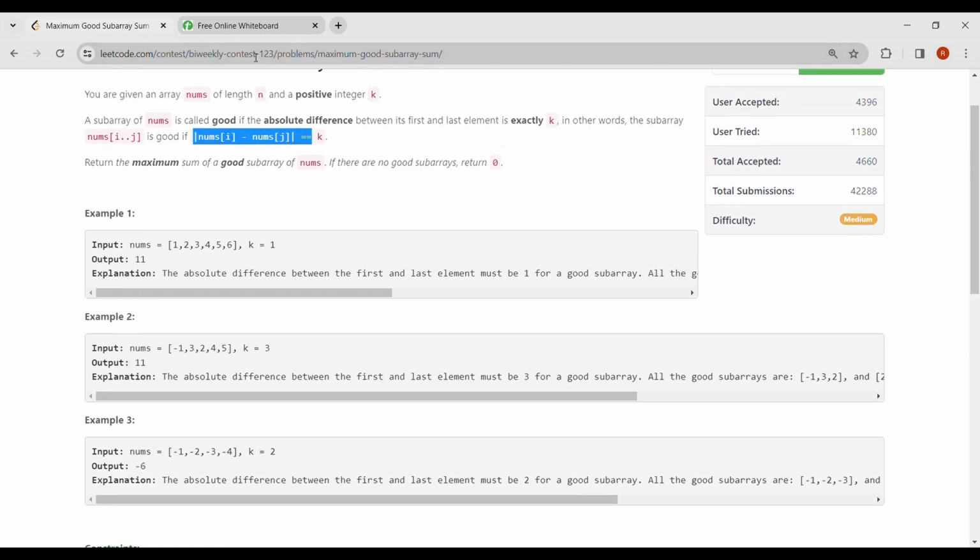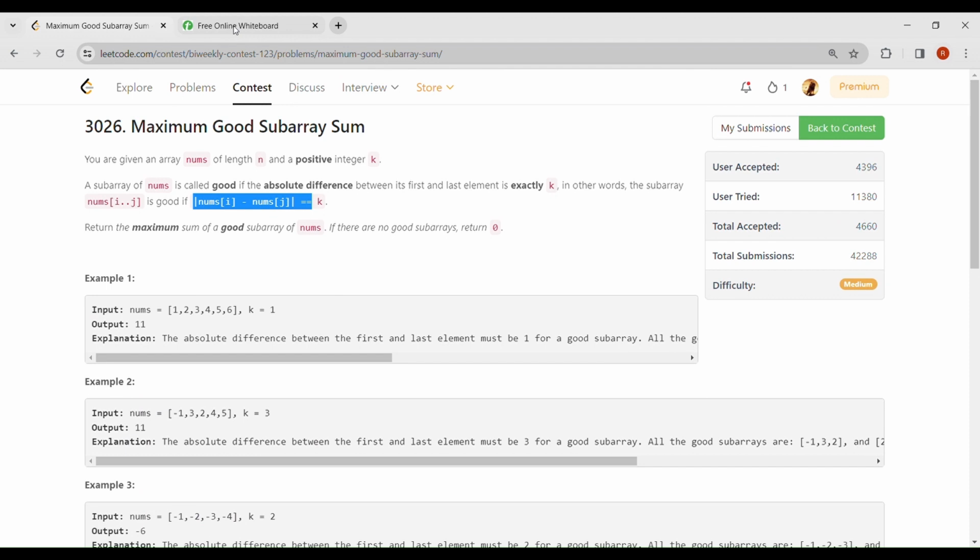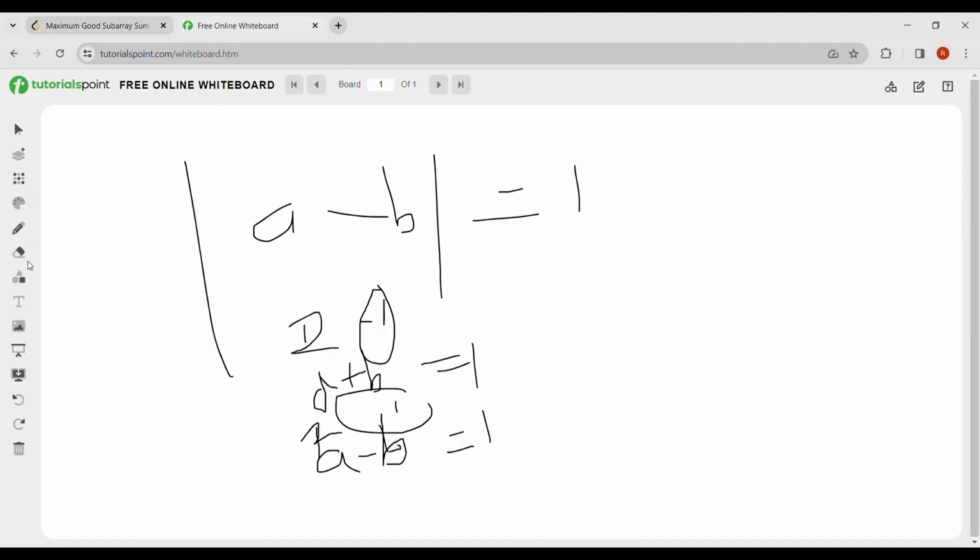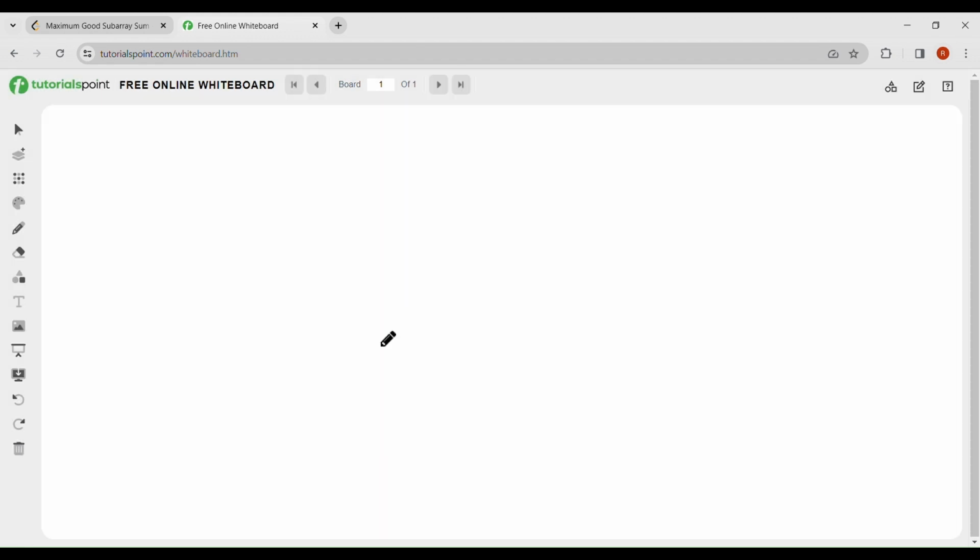I will explain the code also, like what the logic is. Suppose you are going like this, 1 2 3 4 5. I don't have any notepad, so for that reason I'm using the mouse.